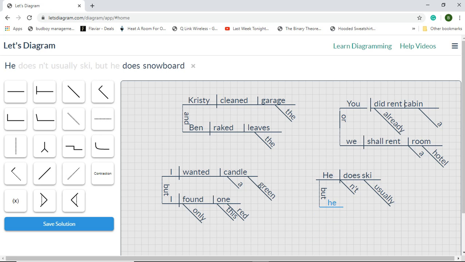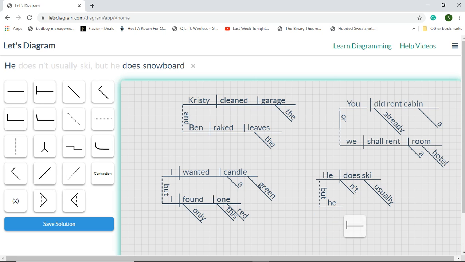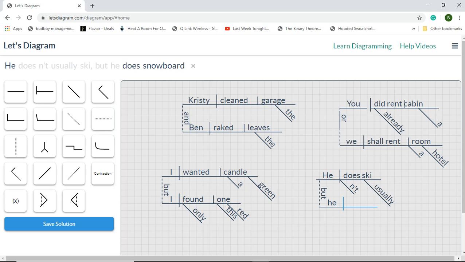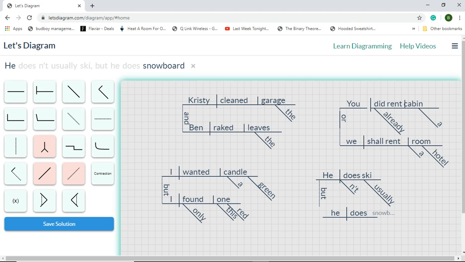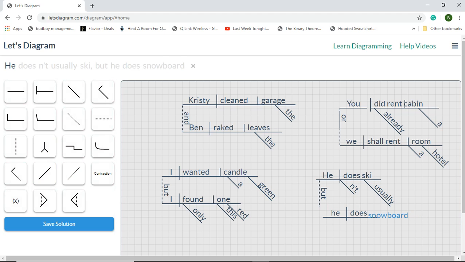He is the subject for our next clause. The verb for our next clause is does. Okay, I'll lower this a little bit. Snowboard is our verb phrase. He does snowboard.